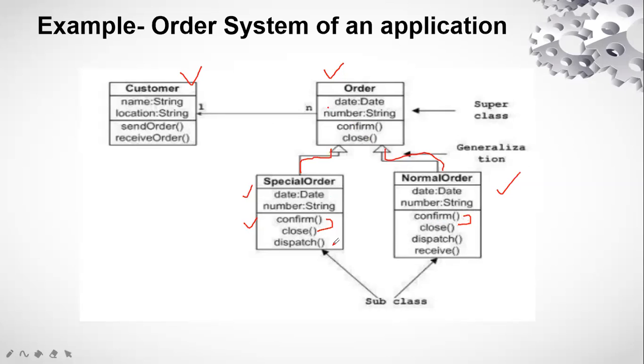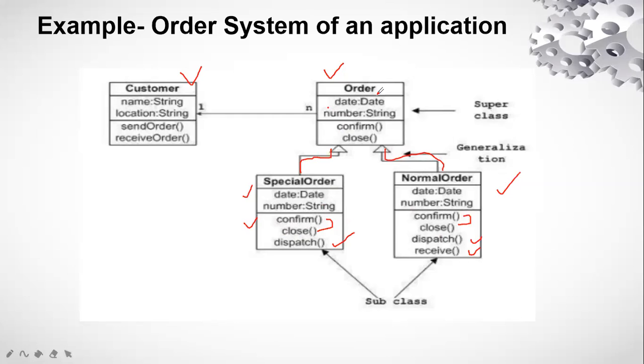Apart from that, you can have different or specific methods or attributes in the special order, and similarly in the normal order. You can see here dispatch and receive, and here you can see dispatch. In some cases it's not necessary to define confirm and close in both the sections, because it is obvious that it is being generalized, so it is going to inherit the properties of the order class.